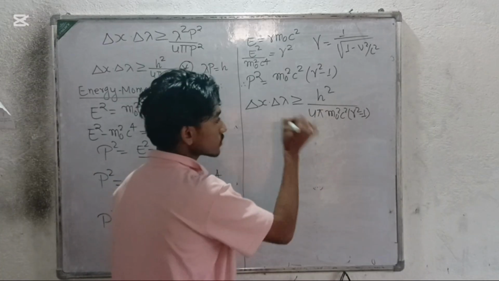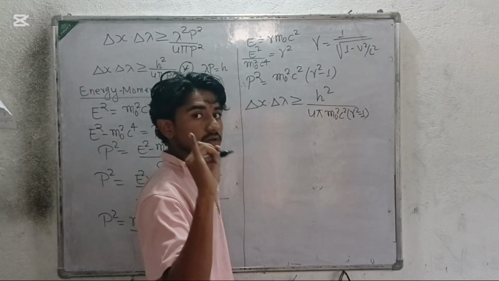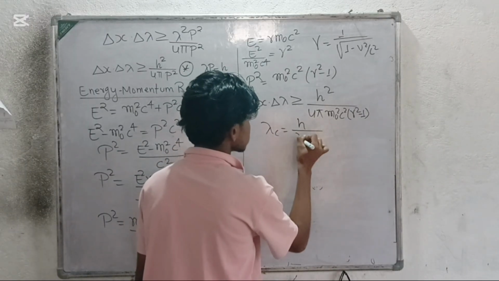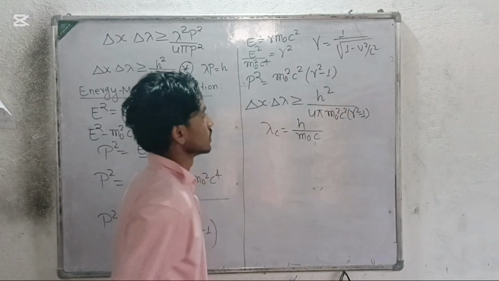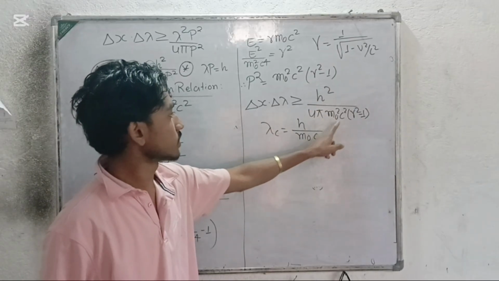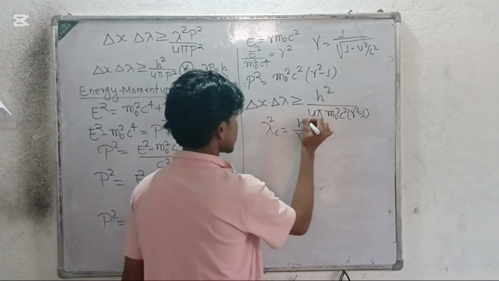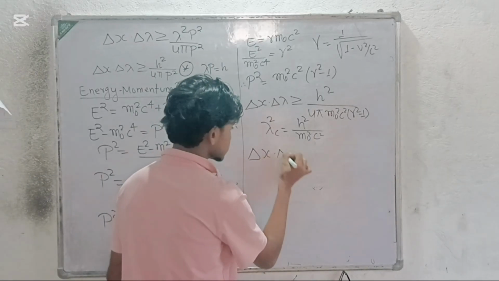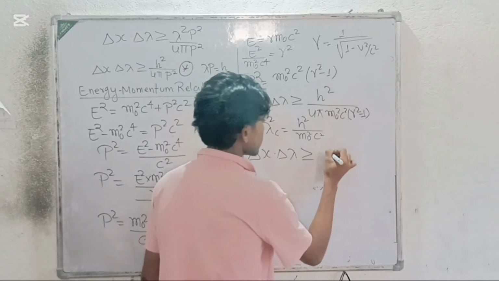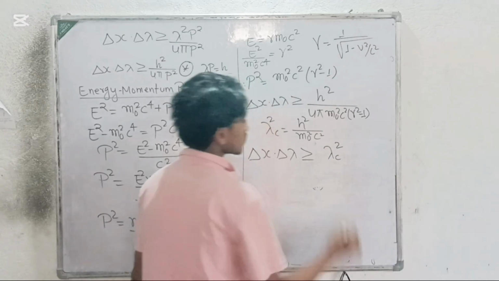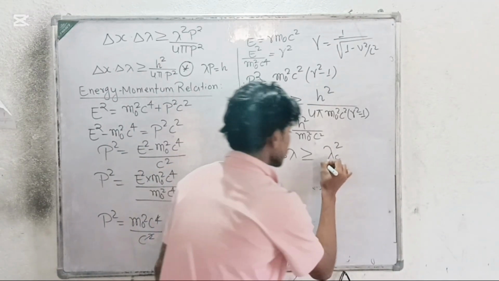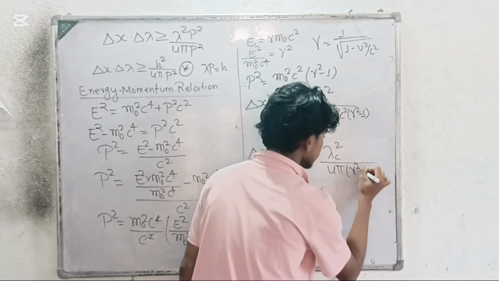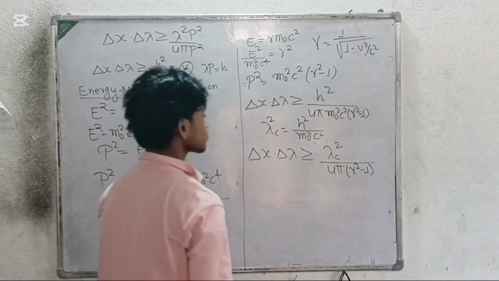If you know the concept of Compton wavelength, it is written as h over m naught c. So here we have h squared over m naught squared c squared, and you have to square all of them. You will end up getting delta x into delta lambda is greater or equal to lambda c squared, the Compton wavelength squared, over 4 pi, times (gamma squared minus 1).